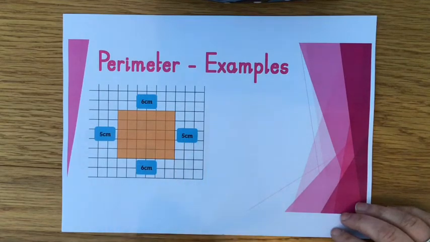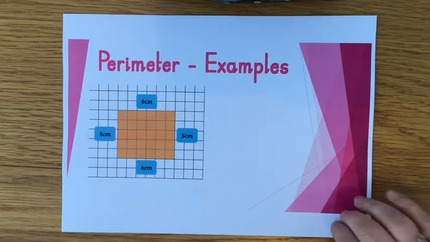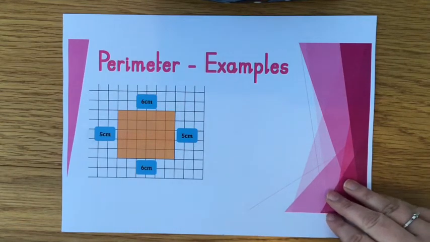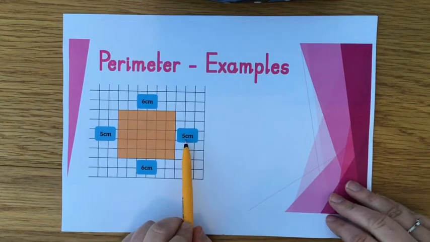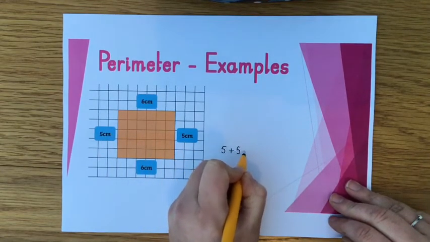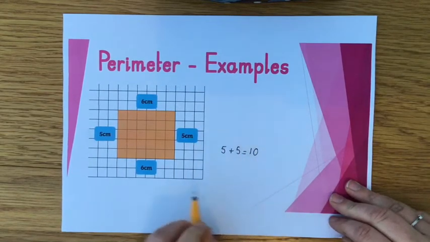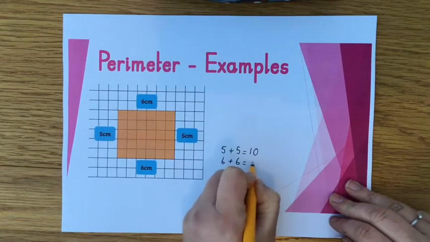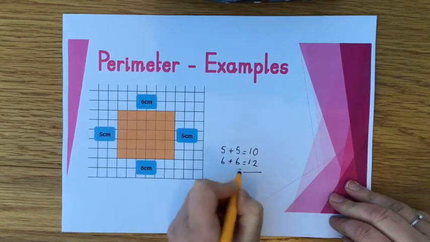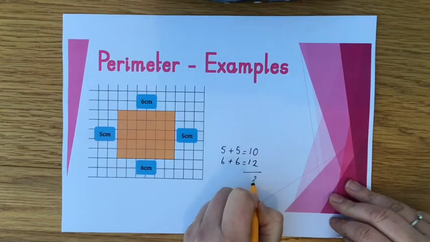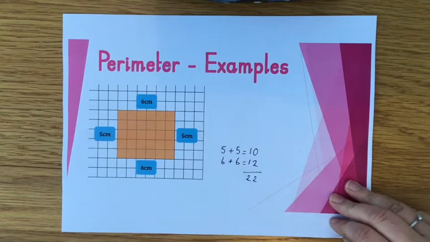Okay, again, you can choose to do this mentally or write it down using what you know. So, if I was going to work this out mentally, I know that 5 plus 5 equals 10, and 6 plus 6 equals 12, and then 10 plus 12, you may wish to do this using column method or mentally, is 22.